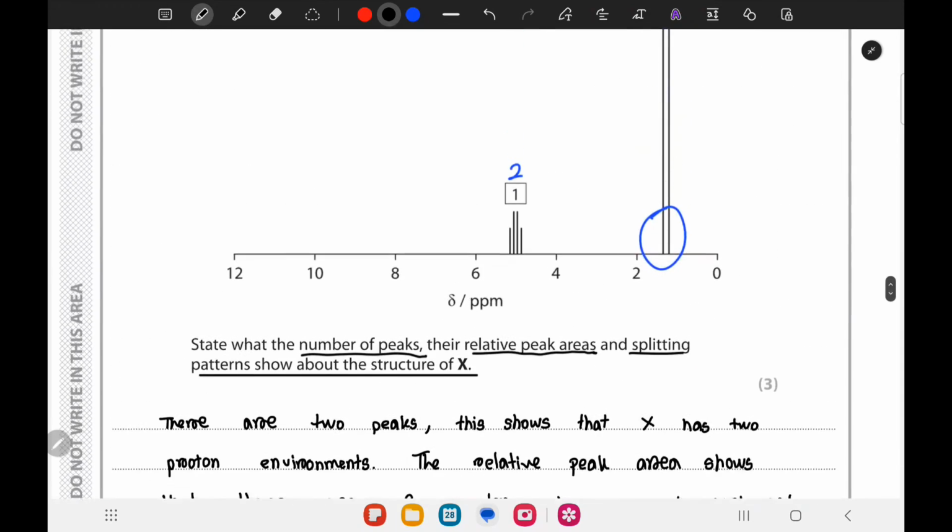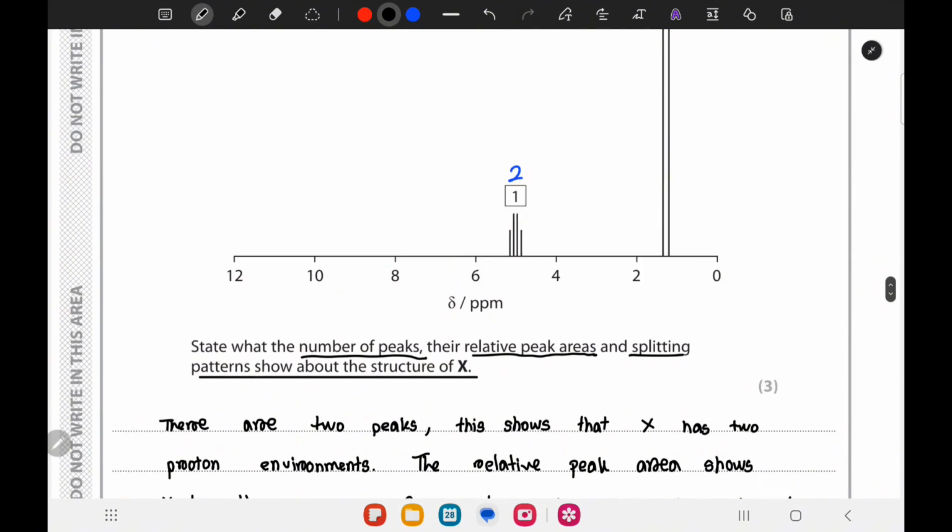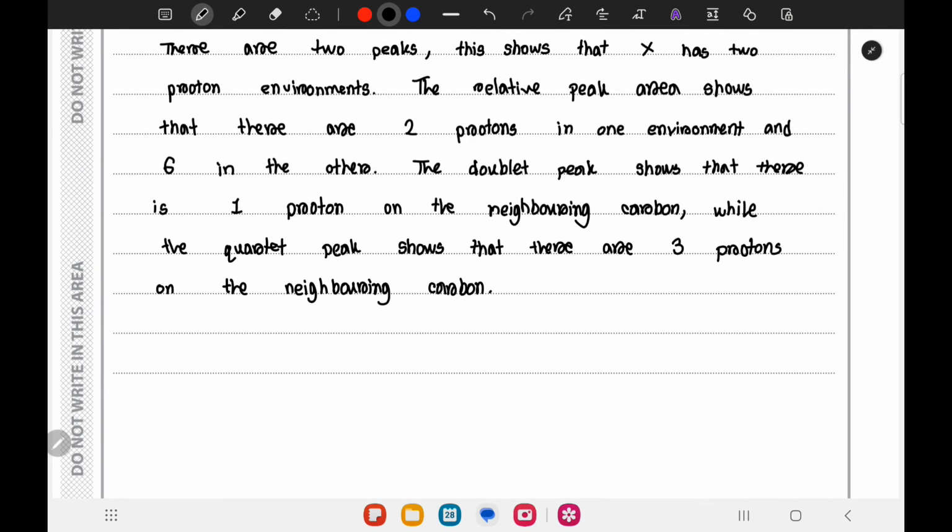We can talk about how they must be adjacent to each other for this splitting pattern as well. So we talk about how the doublet peak is showing that there is 1 proton on the neighboring carbon.